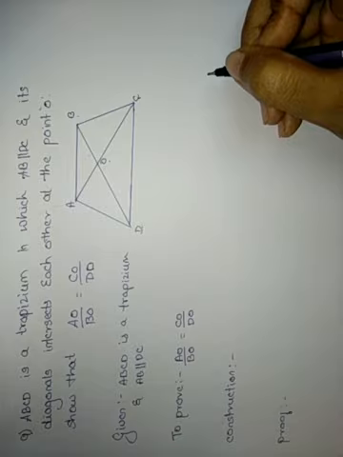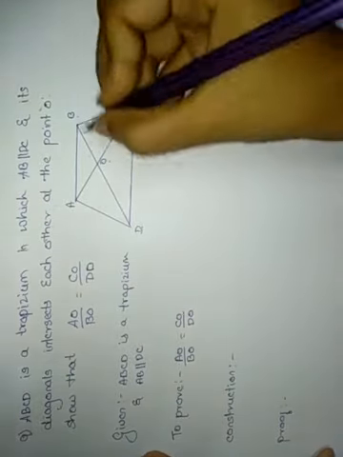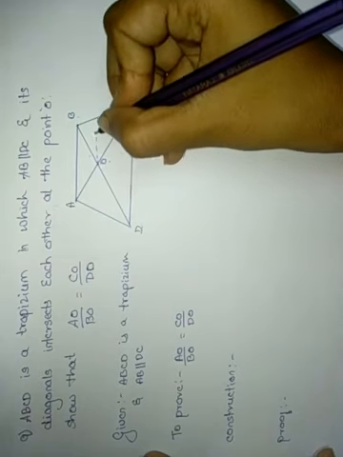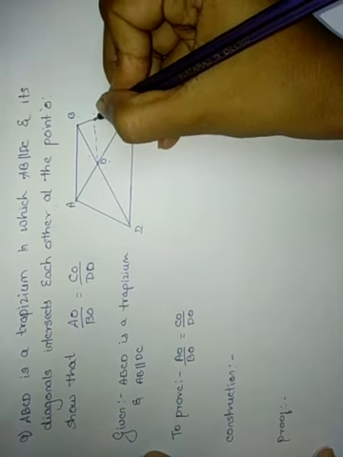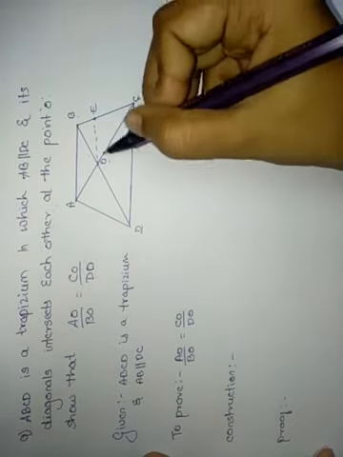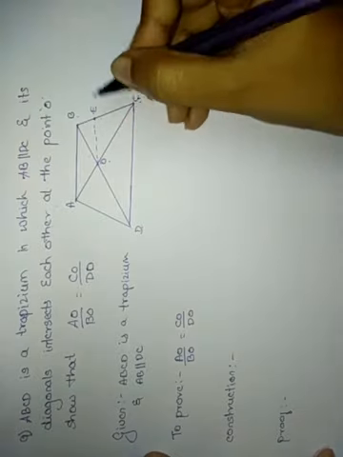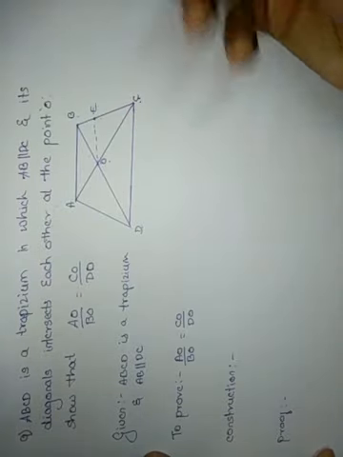Now construction. Here I will draw one line parallel to DC or AB. The point E is lying on the side BC here. I have drawn a line OE which is parallel to DC and AB, and E is lying on the side BC.